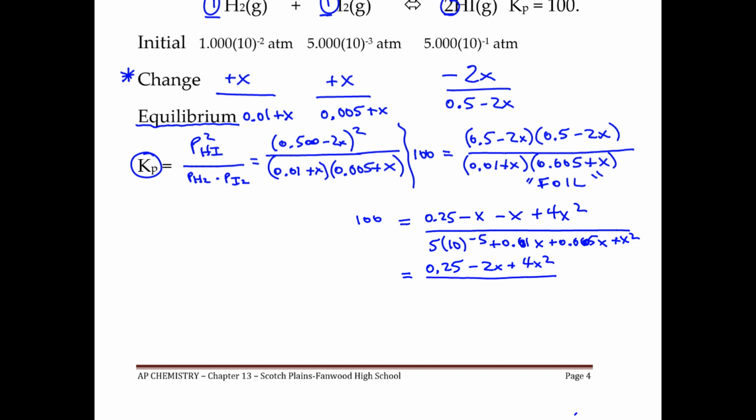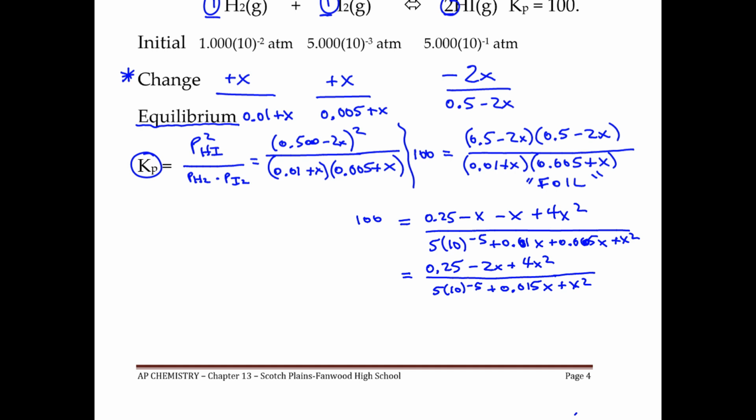In the denominator, you're going to have 5 times 10 to the -5th plus 0.015x plus x squared. That's going to be the denominator because you combined the x terms.